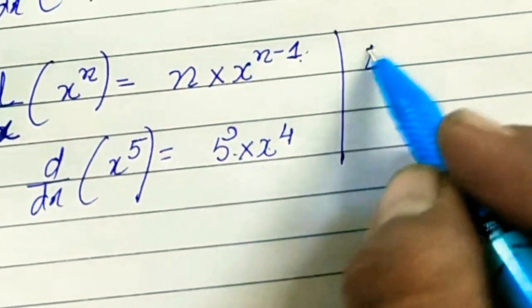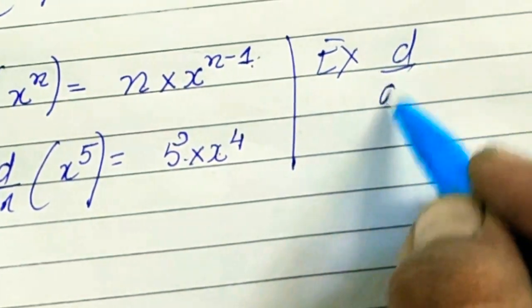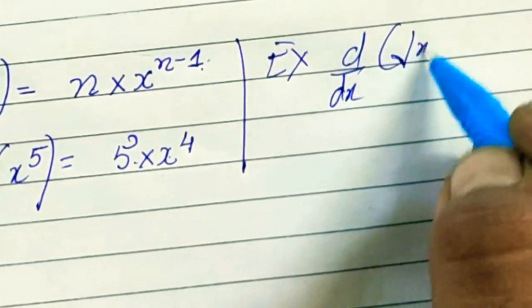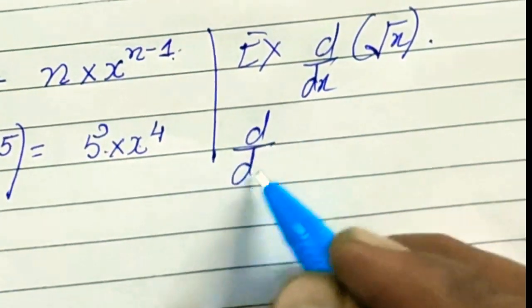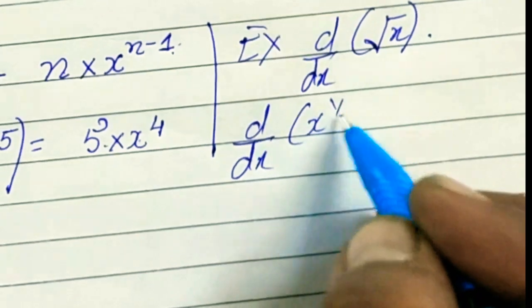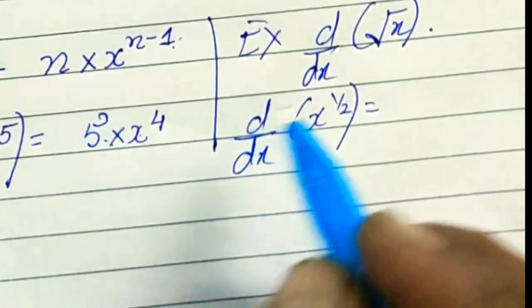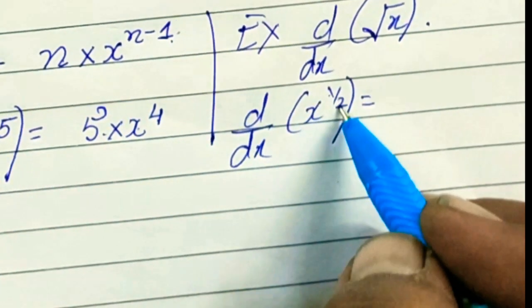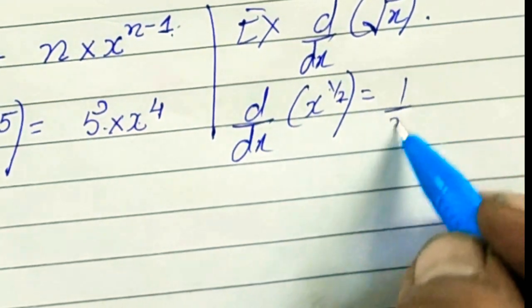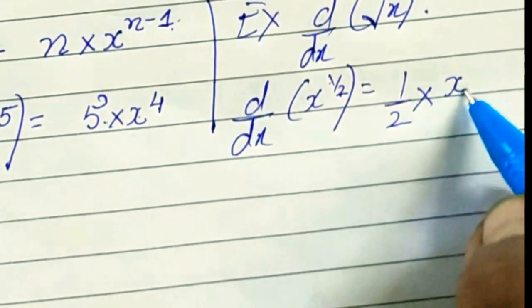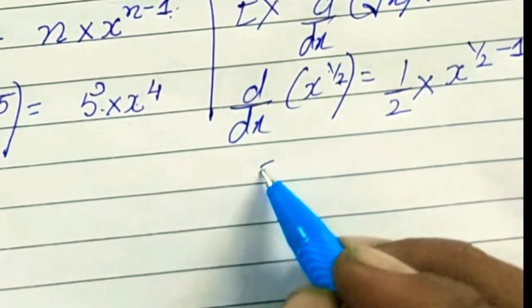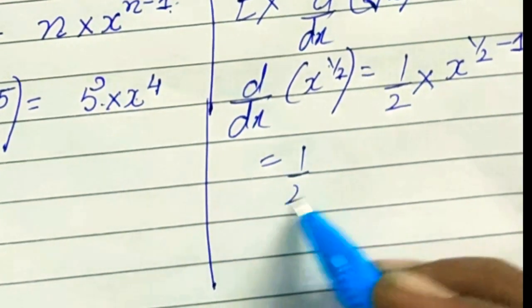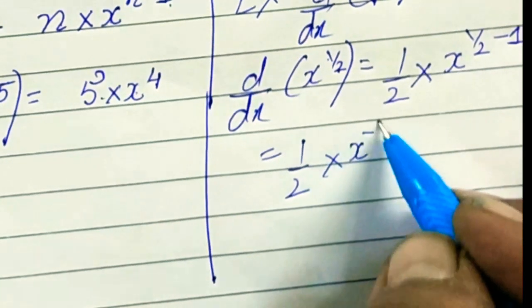One more example of this. Let's say we have to differentiate root x. Now we know that root means the power is half. So here instead of n, here it is half. So what will be its answer? Power bahar, so take half outside and then reduce the power of x by 1. Then it will become half multiplied by x to the power minus half.